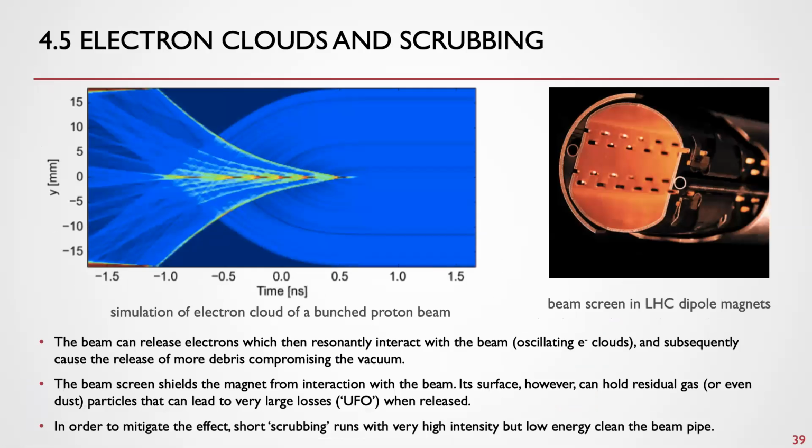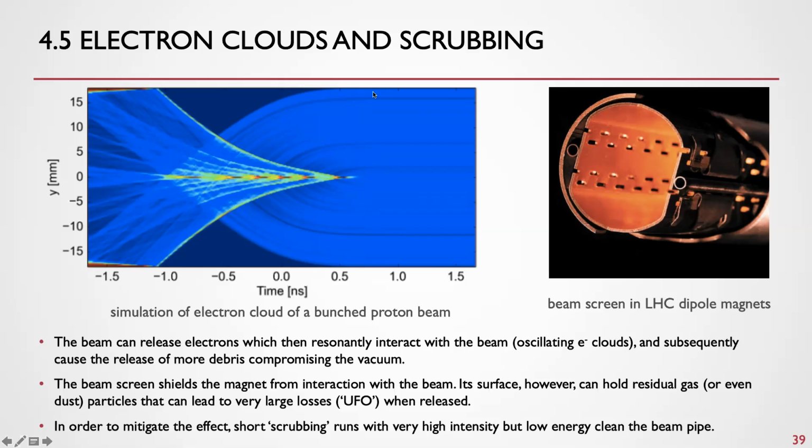Another problem are electron clouds. The left plot here is a computer simulation. The computer simulation puts electrons in the radial direction. So these blue lines are electrons, and you have a bunched beam going into these simulated electrons from left to right.